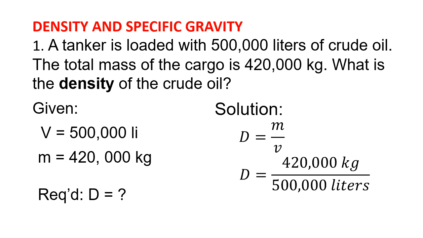So M or mass is 420,000 kilograms, while V or volume is 500,000 liters. To divide 420,000 by 500,000, we get 0.84 kilograms per liter. Hence, the density of the crude oil is 0.84 kilograms per liter.